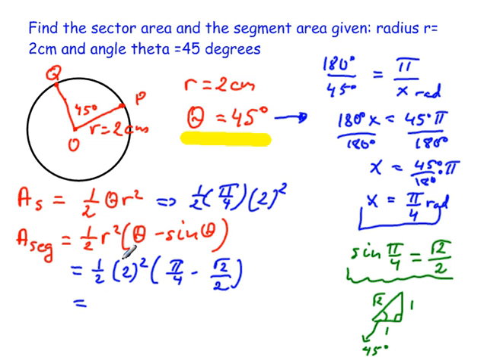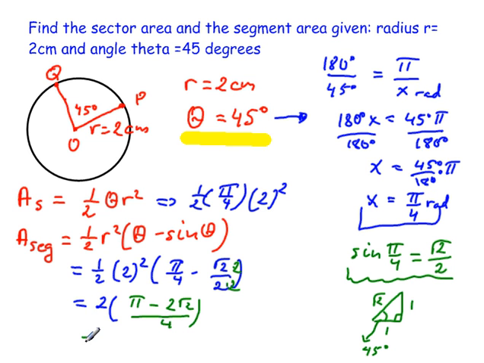So you have 4 divided by 2, 2 outside, pi over 4 minus root 2 over 2, common denominator, times 2 times 2. So remember, times 2 times 2. So now you will have pi minus 2 root 2 over 4.